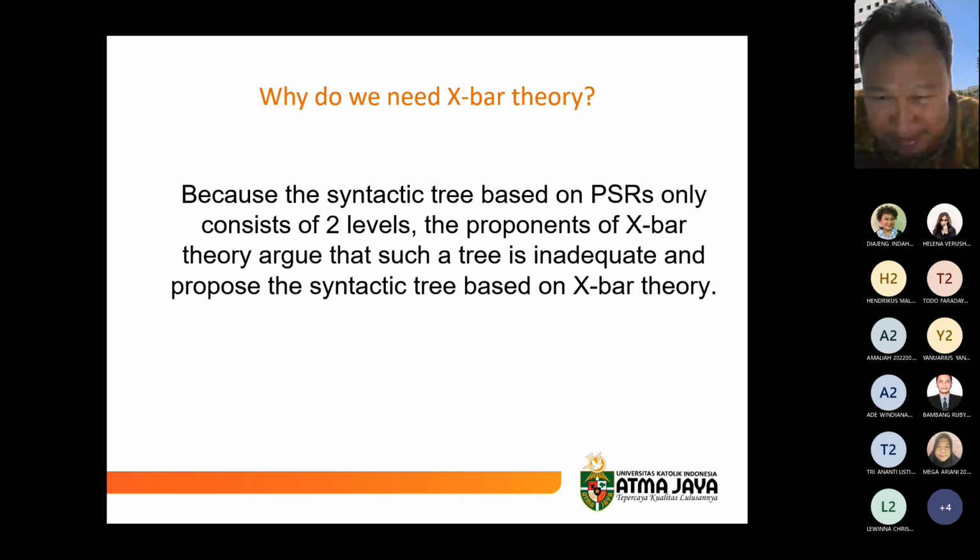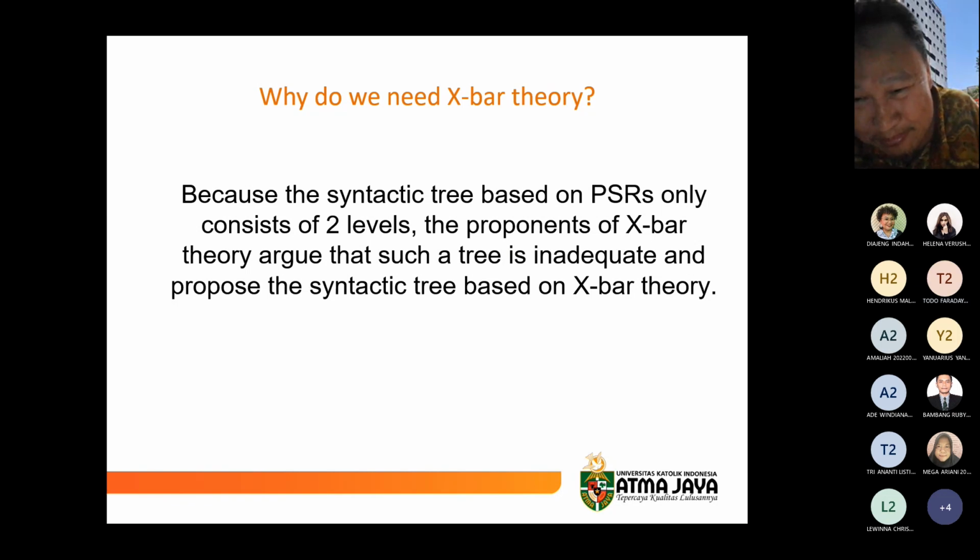What is the problem? The problem is, if a noun phrase is replaced, it will exhibit a flat structure. Okay, so our goal in X-bar theory is we want to avoid the flat structure.